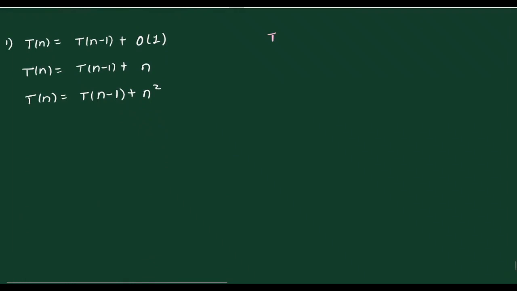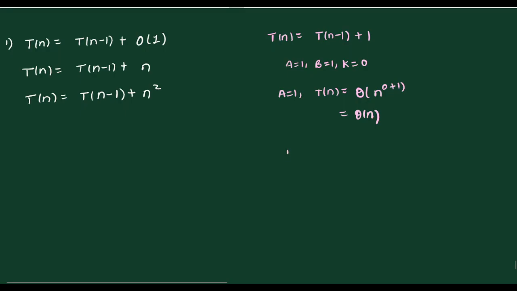So let's see some examples on this one. Let us look at the first question where T of n equals T of n minus 1 plus 1. So here a equals 1, b equals 1, k equals 0, right? So a equals 1 implies that the b part is true, so theta of n power k plus 1, which is 0 plus 1, which is equal to theta of n. This is what we got in the substitution method, right? Let us look at the second question. Here T of n equals T of n minus 1 plus n.